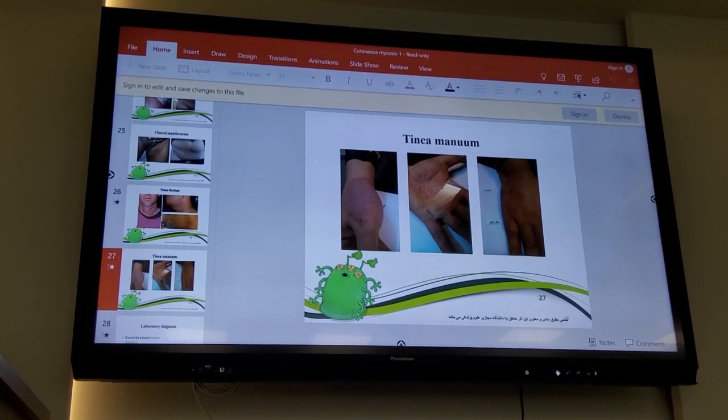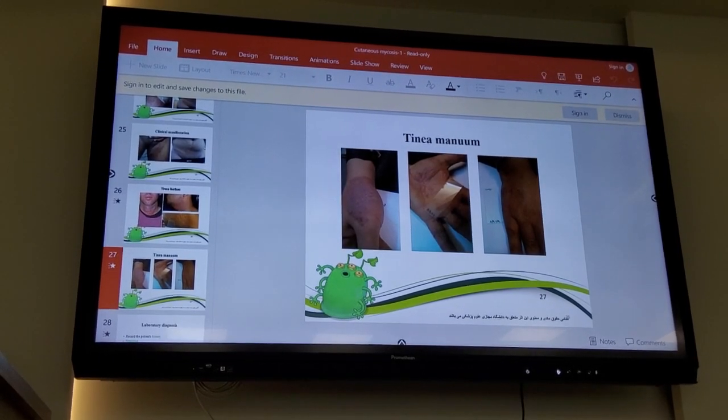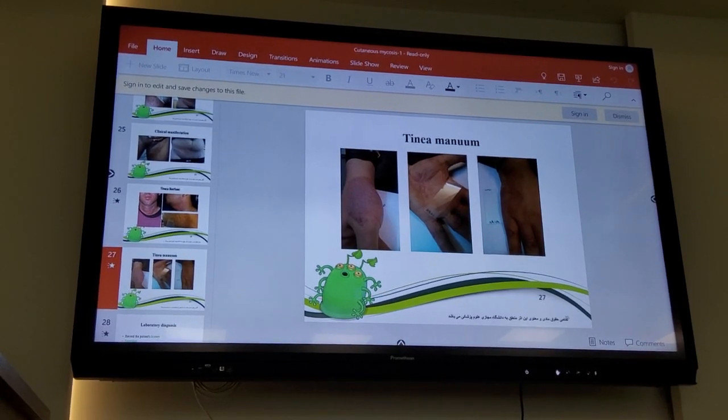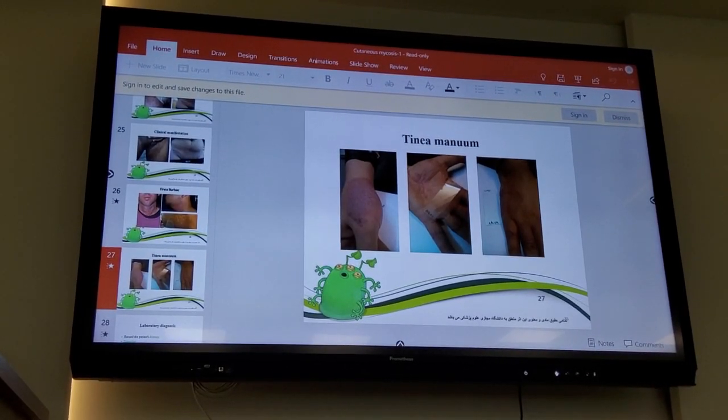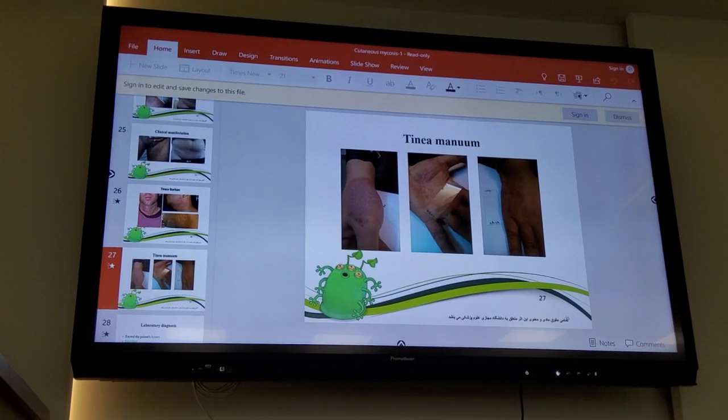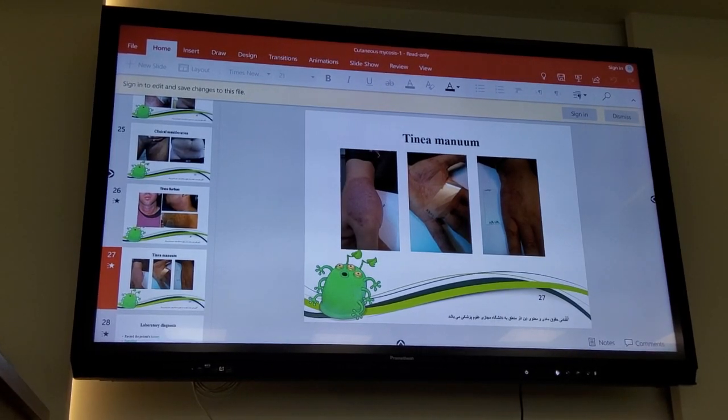In tinea manuum, the clinical signs, based on the species of dermatophyte, change from a chronic type with some scaling to vesicular, pustular, and inflammatory reaction, with redness and vesicles.